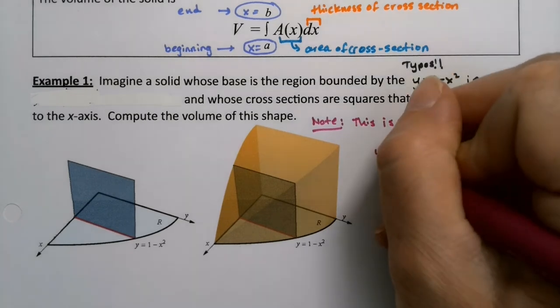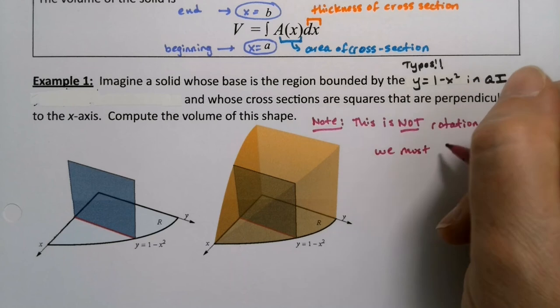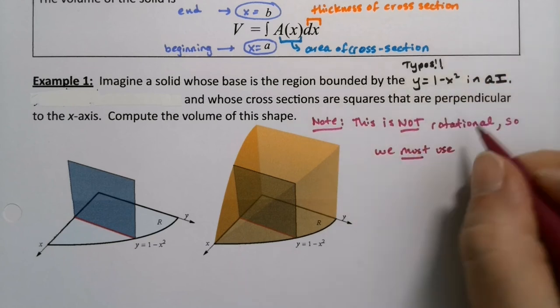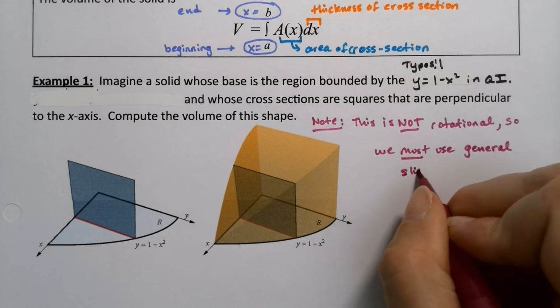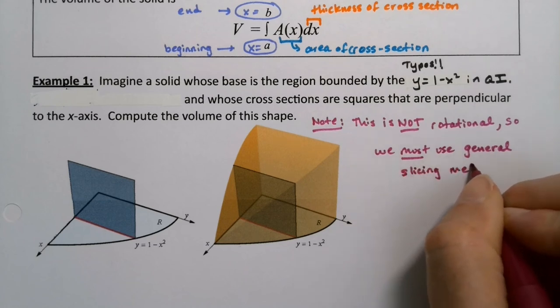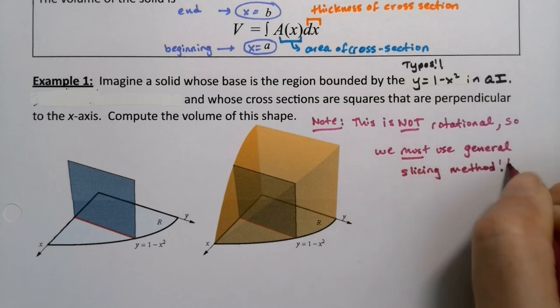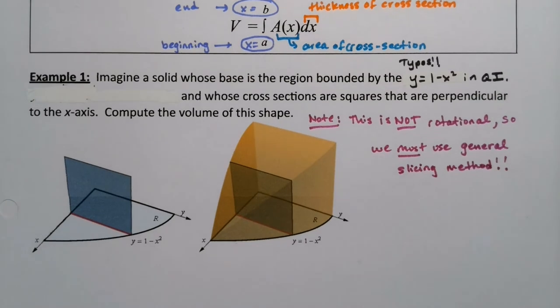So we must use the general slicing method. When they are rotational, it's actually a little bit easier in many respects. Okay, so I know I'm going to have to use the general slicing method.